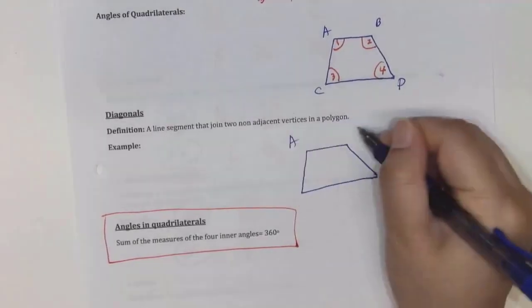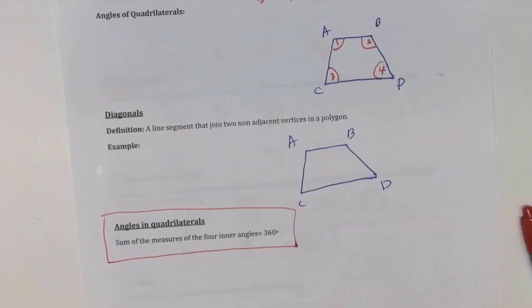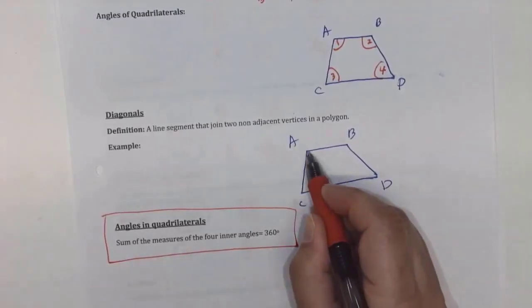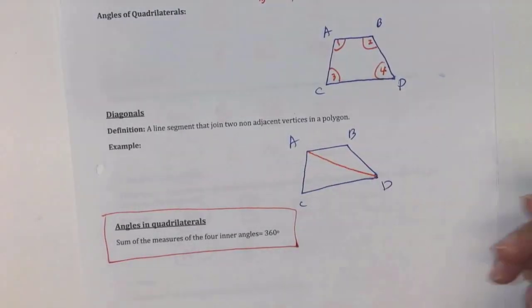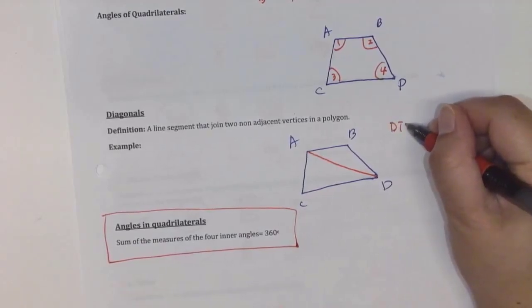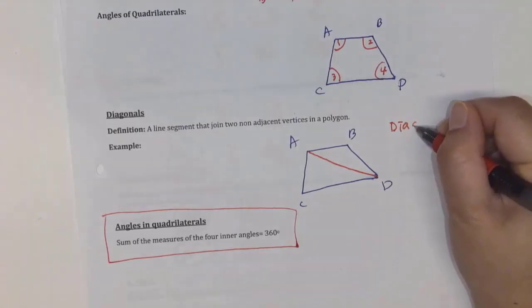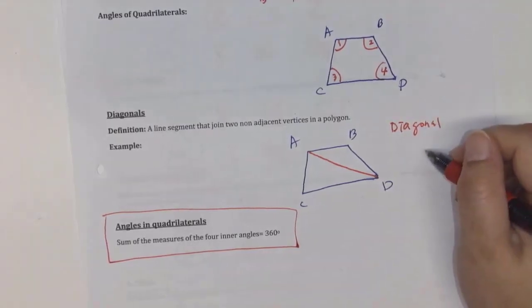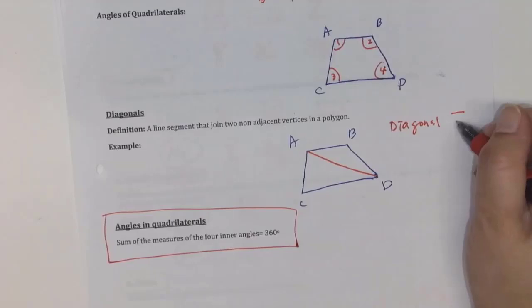I'm going to call this ABCD, and we're going to put a diagonal line segment here. So I'm going to say the diagonal is going to be AD here.